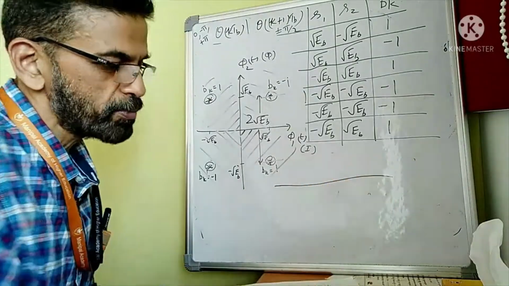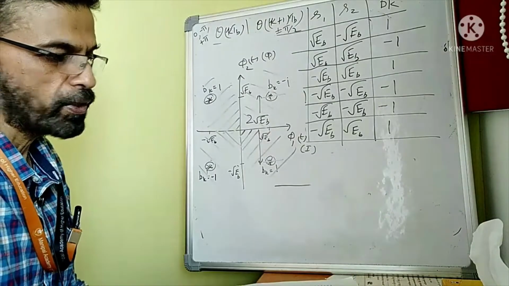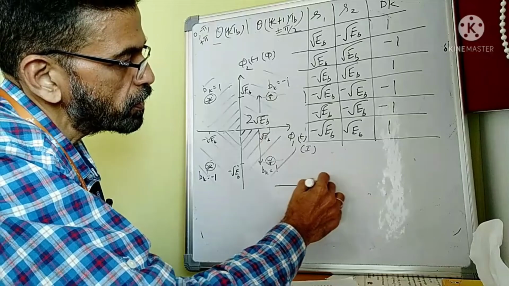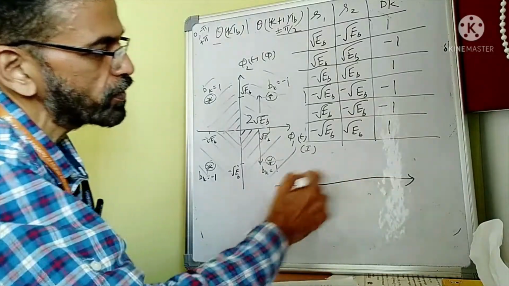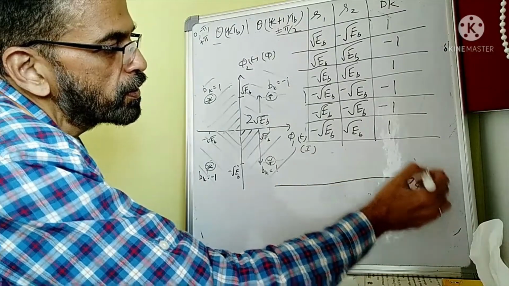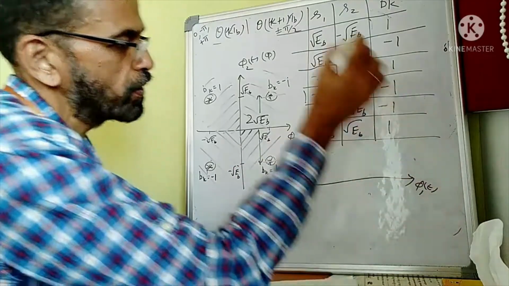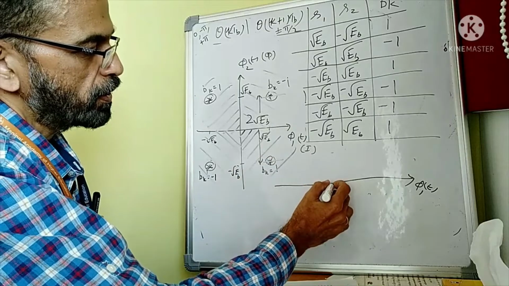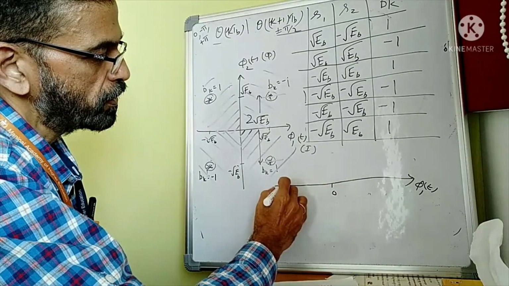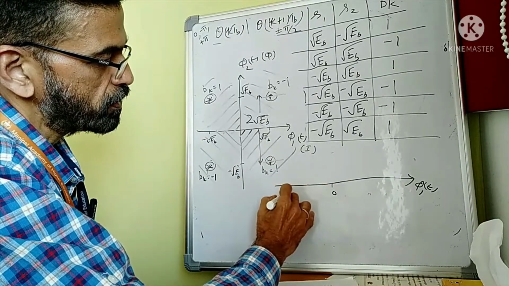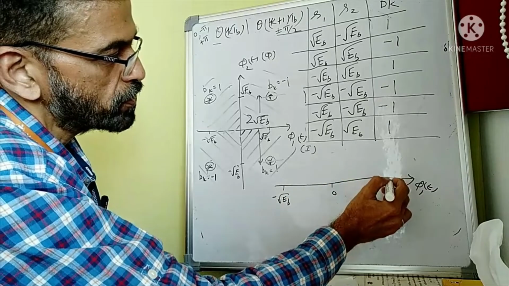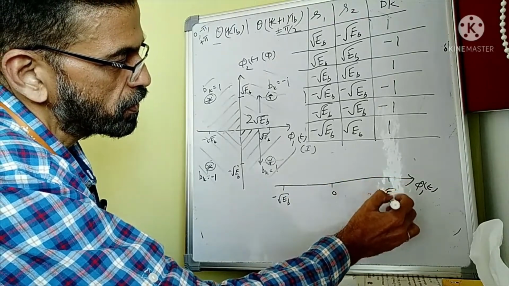Binary PSK is one-dimensional, as we know. There is only one basis function, phi 1 or phi t, if you want to call it as, and the signal constellation is like this.